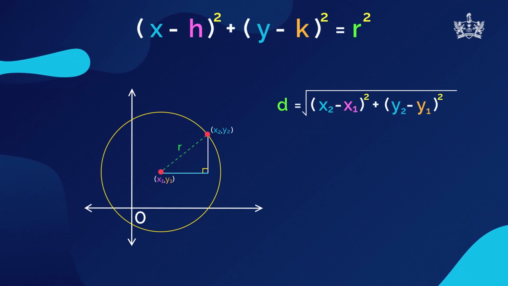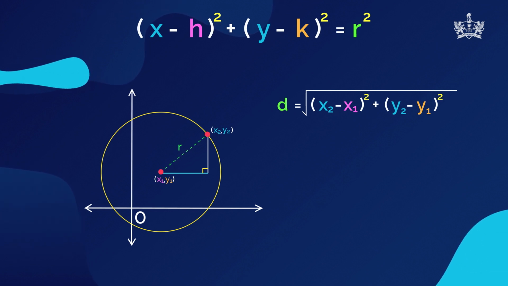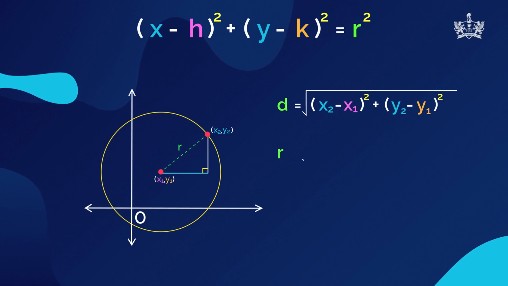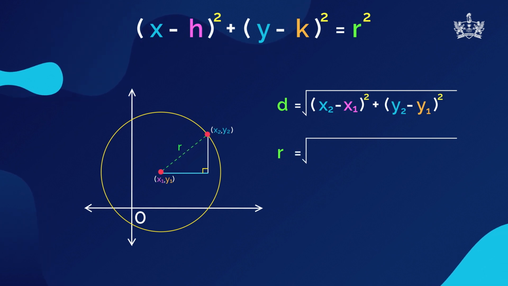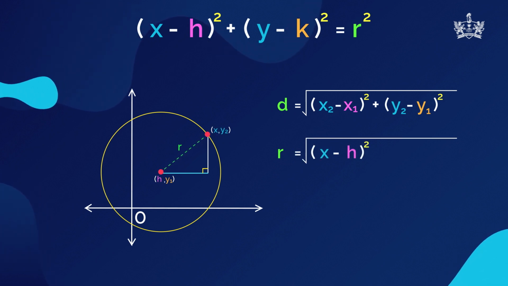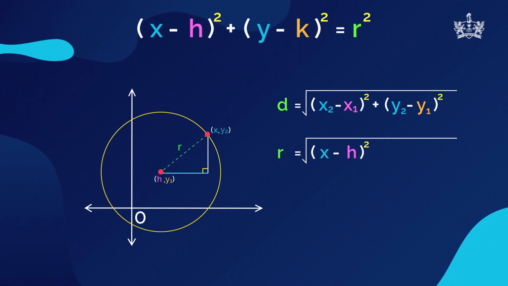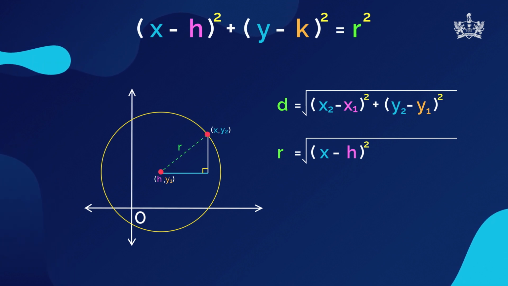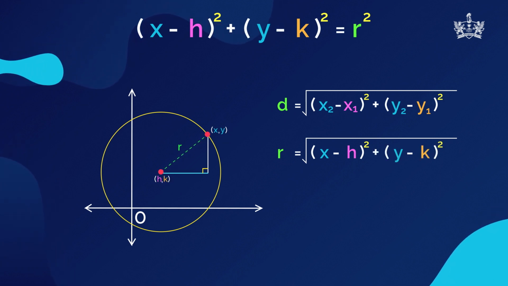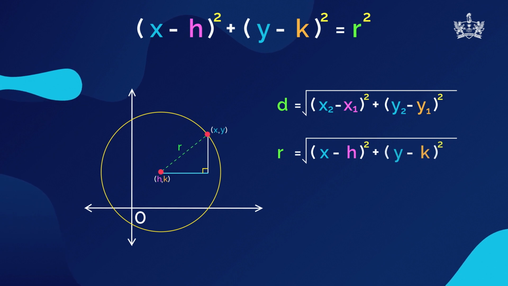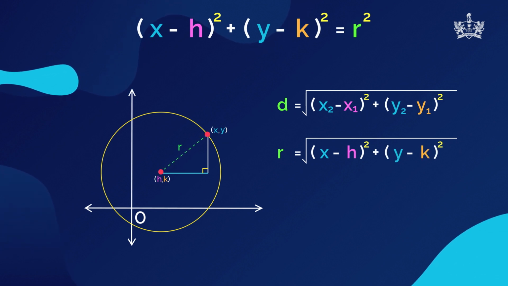But instead of calling it d for distance, isn't that just the r? And instead of calling it x1 and x2, let's call it x and h. Lastly, instead of calling it y1 and y2, let's call it… Exactly, y and k. r equals the square root of (x − h)² + (y − k)².